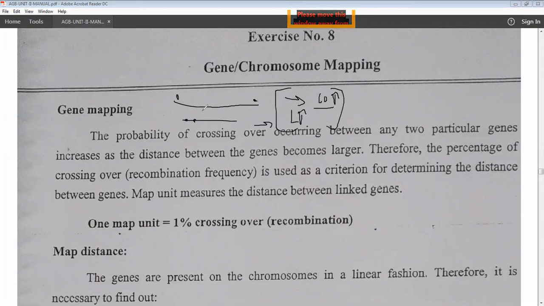If two genes are far apart from each other, there are chances that they will undergo crossing over as the distance is more. If the distance is less and they tend to move together, then the linkage is more. Okay, or linkage is there.